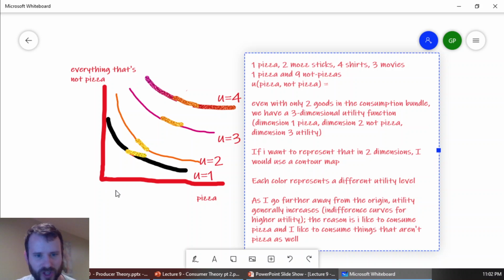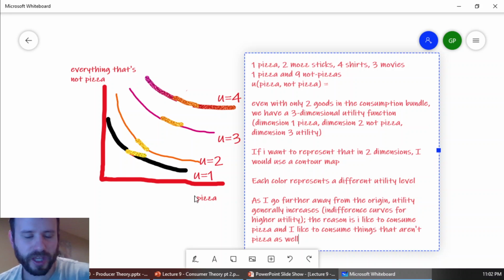So your utility curve will be sloped down, where you want to be as close to zero on the y and as far from zero on the x-axis. In that case, you probably have an indifference curve that looks like this.